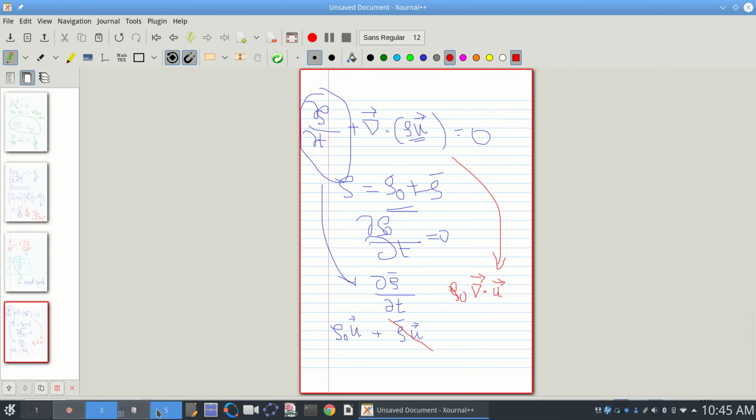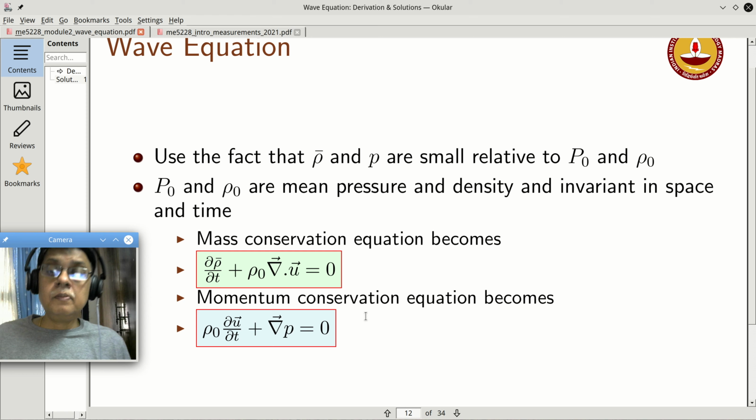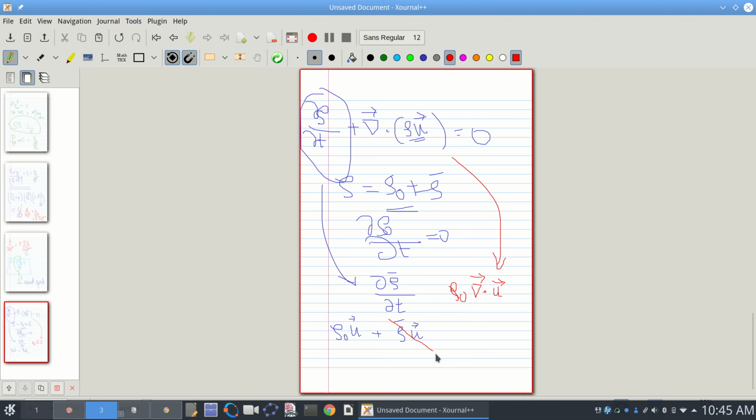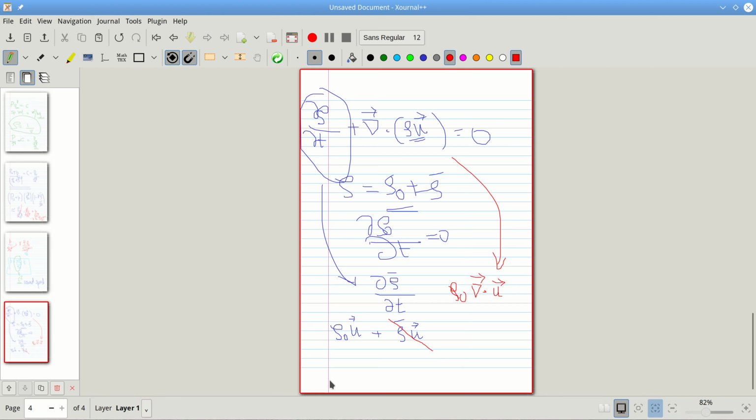Therefore, the momentum conservation equation simply becomes, and remember, we are going to throw out rho bar. We only want to keep pressure. If I go back to my little thing here, remember p equal to c square rho bar. So we'll replace this rho bar.